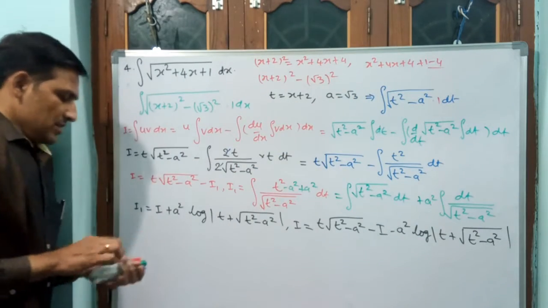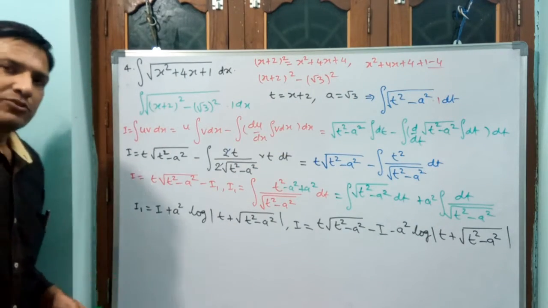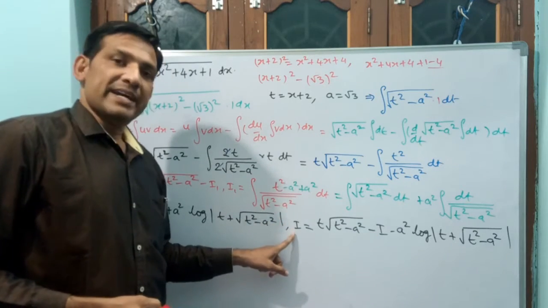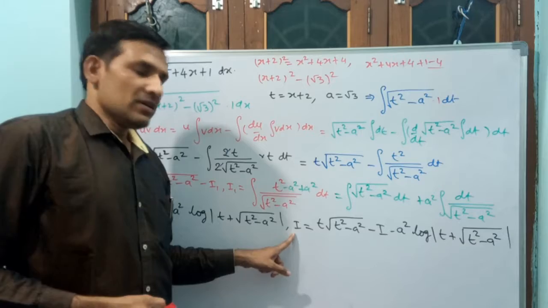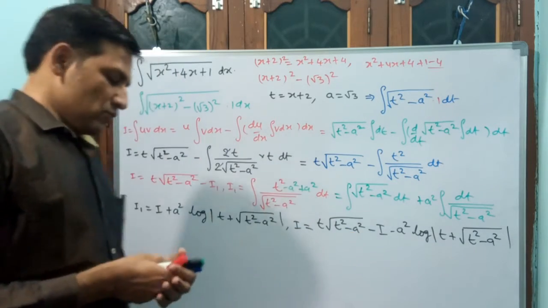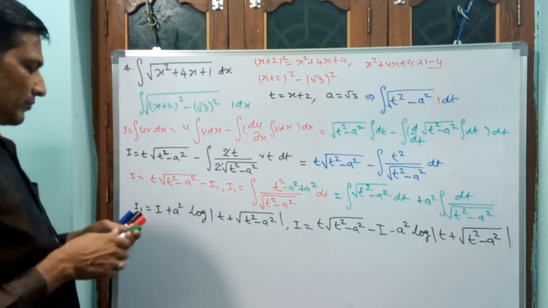Okay. See, one step I want to jump. Why? What I am going to do? This minus I goes this side. It is going to become 2I. Then I will be divided by 2. See what I am writing now.